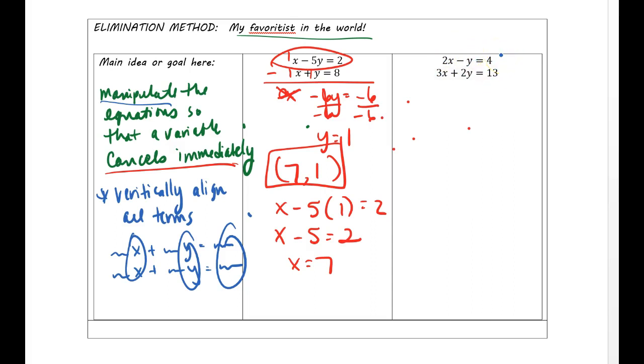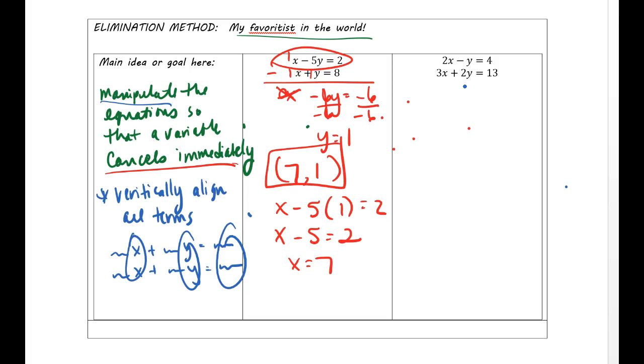Now, just kind of look at it. If we tried to add, that doesn't go away. If we try to add, that doesn't go away. What if we try to subtract? Nobody goes away. Nobody goes away. So one of the things you can do, it is perfectly legal to multiply one of the equations by a number so that you can get the number that you want.